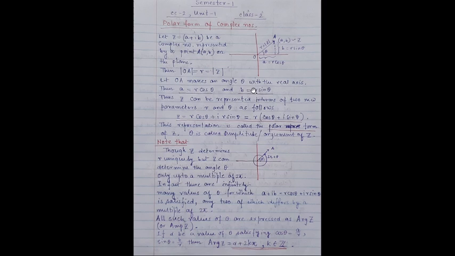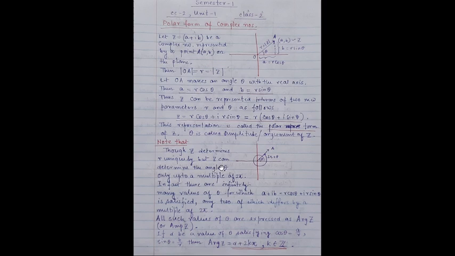So far, so good. So now let's get into the actual thing. Note that for a complex number z, the modulus r is uniquely determined. You know the formula for computing modulus, and that is root over of a square plus b square, that is, root over of the square of the real part plus the square of the imaginary part.